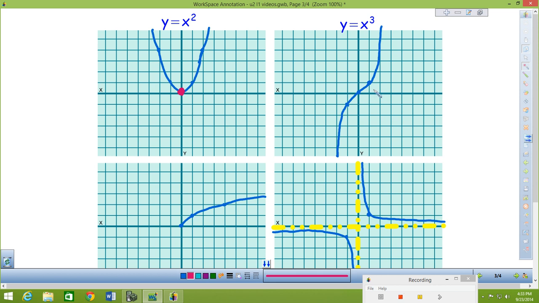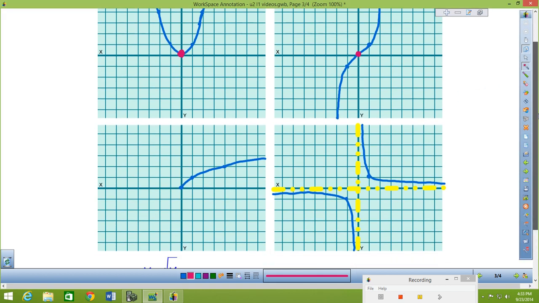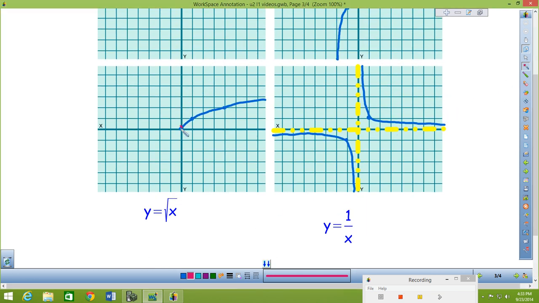The critical point of a cubic function will be that middle point right there. The critical point of a square root function is this one down here. Critical point of this one would be this point right here, where it originates from.